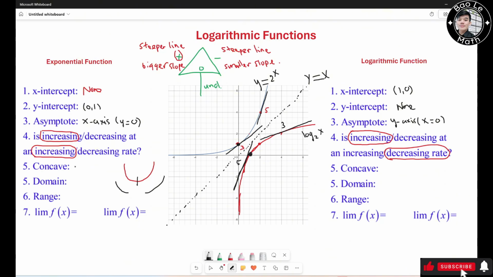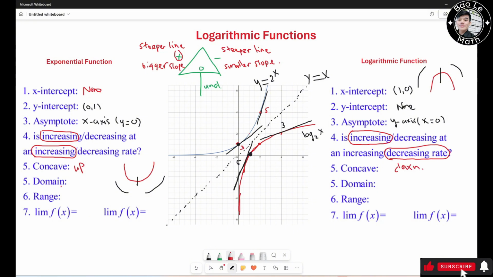So the function is concave up. Now if you see the bow upside down like this, or you cut this one in half and you only see half like this or half like this, the function is concave down. And you look at this one, it's on the left hand side right here. So the function is concave down.